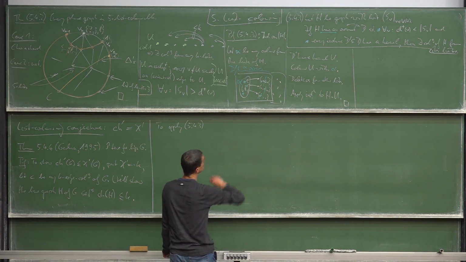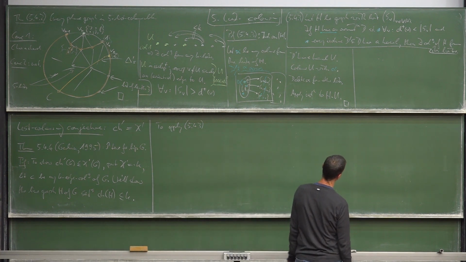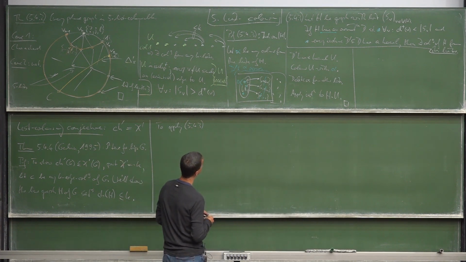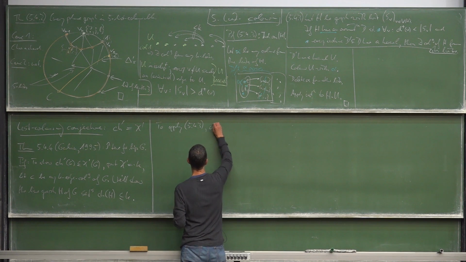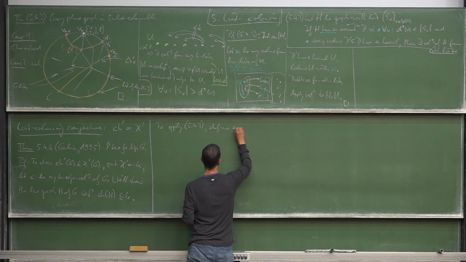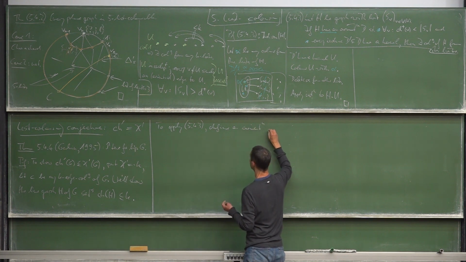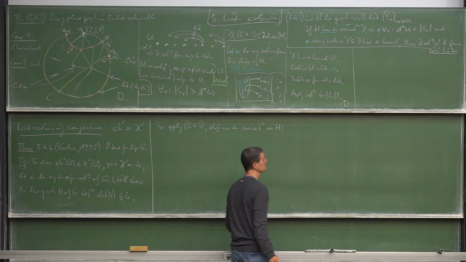We want to apply that, and in order to get a coloring from the given list, we need an orientation. So to apply this, define an orientation on H as follows.